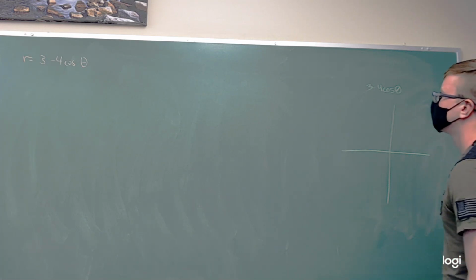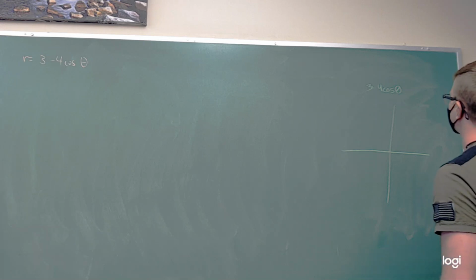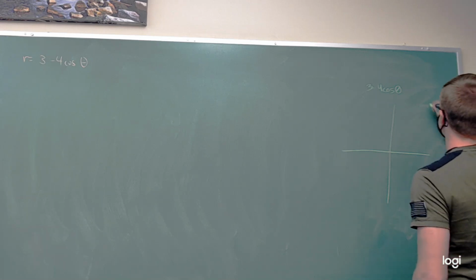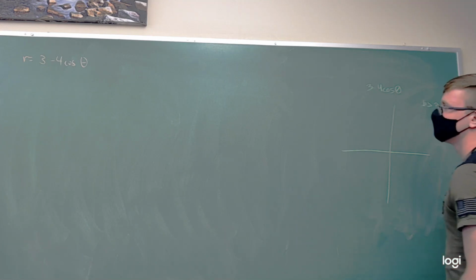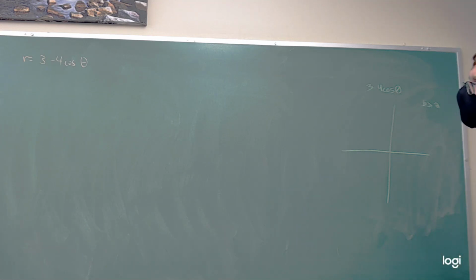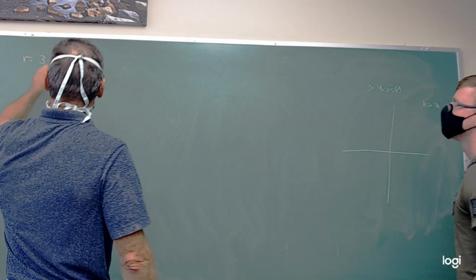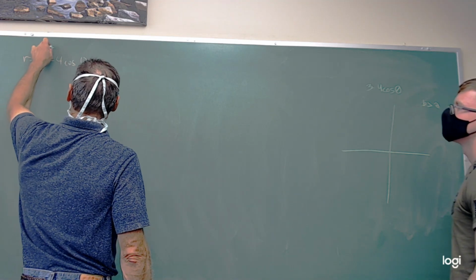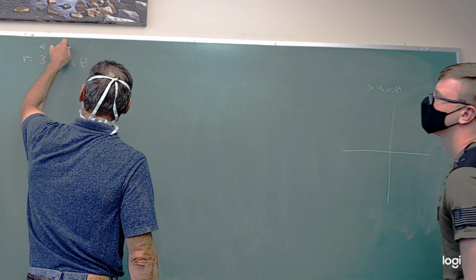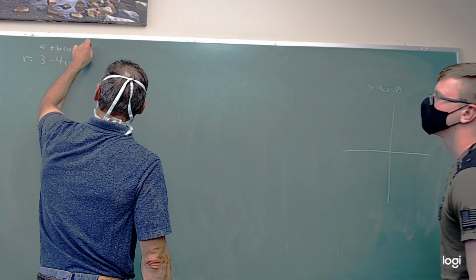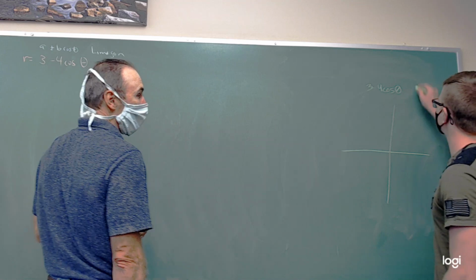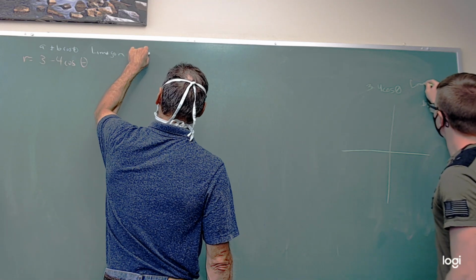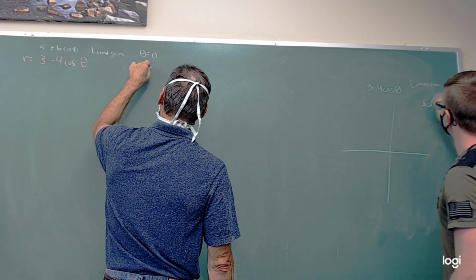I cannot remember any of this. You don't remember this? So you're going to plot your quadrantal angles. If it's something like a plus or minus b sine or cosine theta, that's what we call a limaçon. Anytime we graph a limaçon, we're going to plot the quadrantal angles.